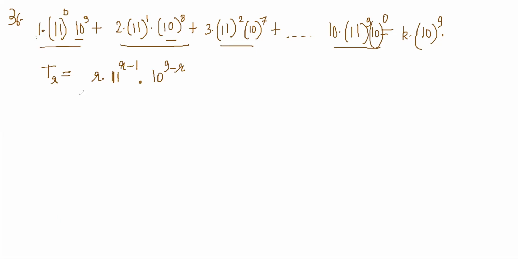But if we go for the first term, to get 10 to the power 9 we have to take R as 0. Oh, that is wrong.